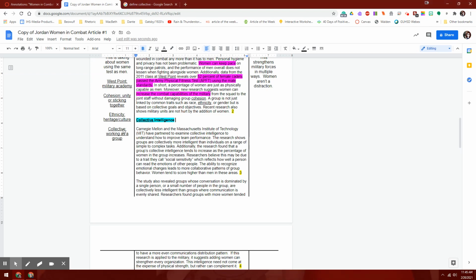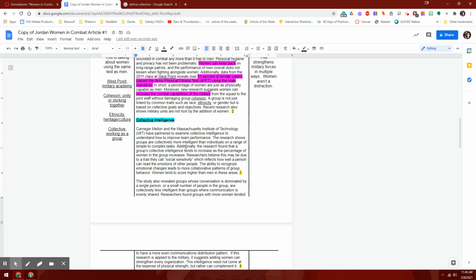Okay, so this paragraph says Carnegie Mellon and the Massachusetts Institute of Technology, or MIT, have partnered to examine collective intelligence to understand how to improve team performance. The research shows groups are collectively more intelligent than individuals on a range of simple to complex tasks.